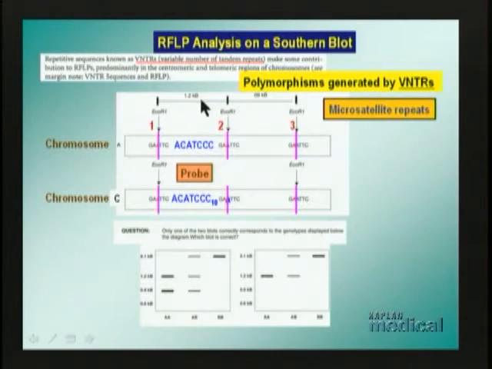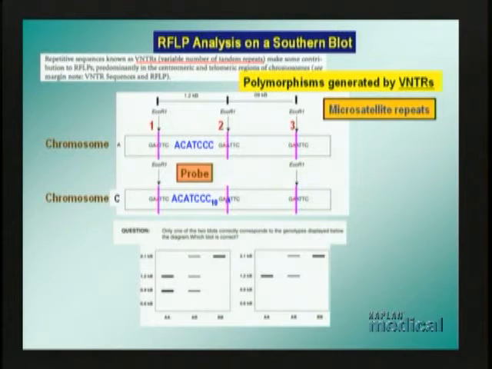We're going to get a fragment from chromosome A that's 1.2 kb in size, but the fragment coming from chromosome C is going to be a little bit longer. Why? Because of that extra stretch of nucleotides. Again, the VNTR has been expanded 10 additional times. This fragment coming from chromosome C will be larger in size.